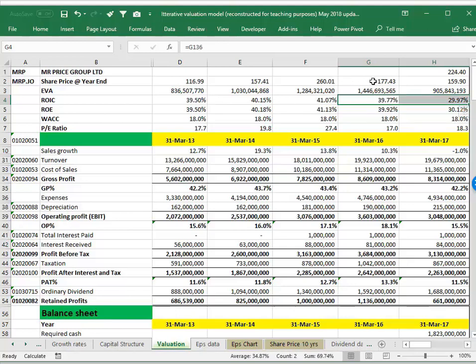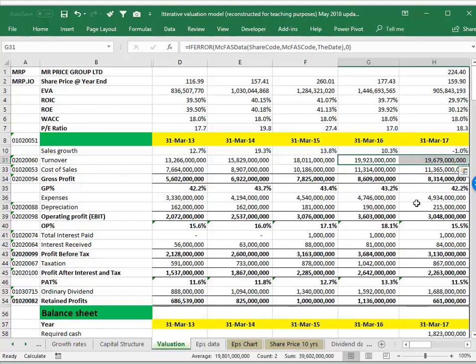And I would say that's the primary reason for this decline in share price. If we were looking to find a reason, if we possibly could, we would say it's mostly because of these declining returns of Mr. Price, because of this reducing operating profit, because of the fact that there was negative sales growth in 2017.